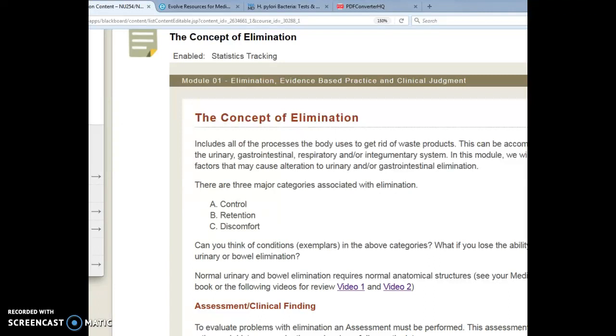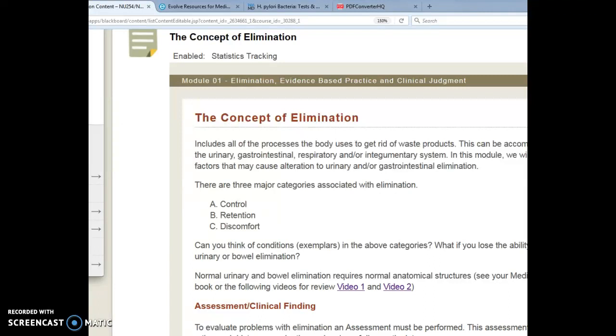Okay, so what did you think about? Right off the bat, I mentioned diarrhea, I mentioned constipation. Just going back to your PowerPoints, there were several conditions that were highlighted. For instance, cystitis or urinary tract infection, and BPH or benign prostate hypertrophy, which is what our gentlemen sometimes have to deal with.